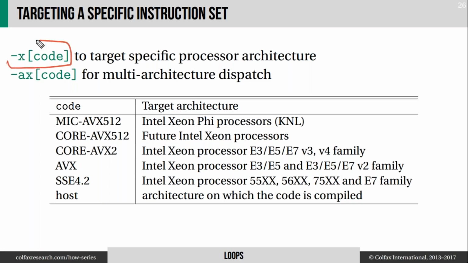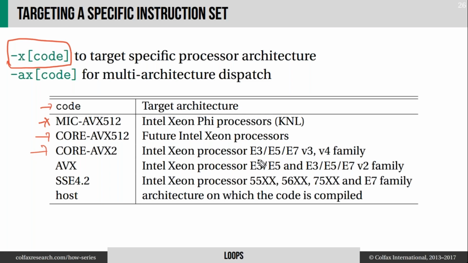So, with the Intel compiler, you will find yourself using -x followed by the code name of the architecture. For example, -xMIC-AVX512 will make auto-vectorized loops targeted for Xeon Phi processors, Knights Landing architecture. CORE-AVX512 will also use AVX512, but only the modules supported by Intel Xeon processors supporting AVX512.